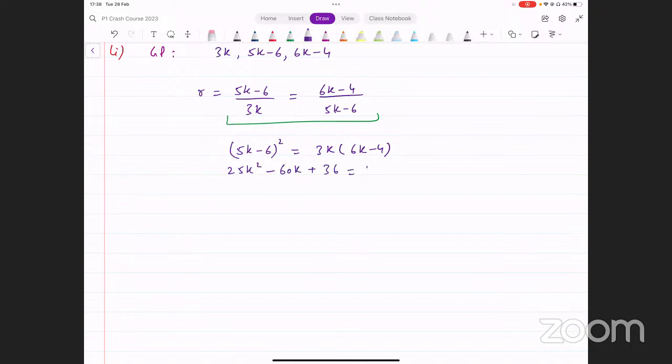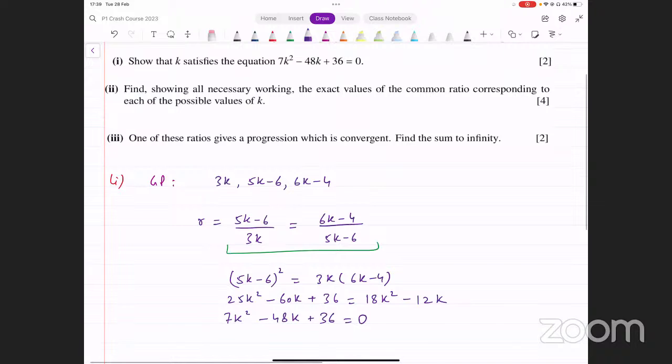On the right side, we have 18K square minus 12K. Take everything to the left side. That gives us 7K square minus 48K plus 36 equal to 0. And that's exactly what we had to show here.